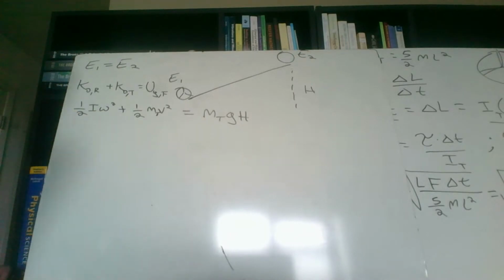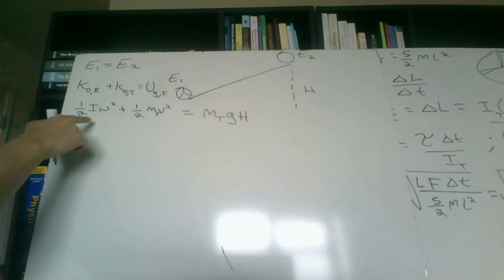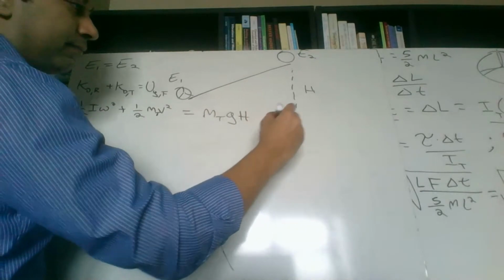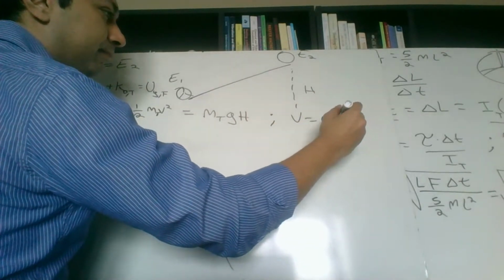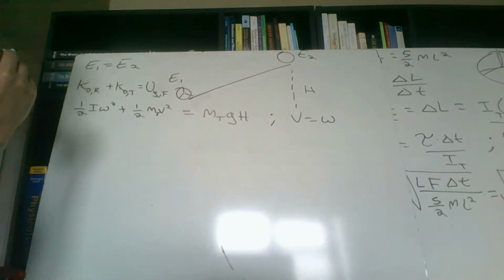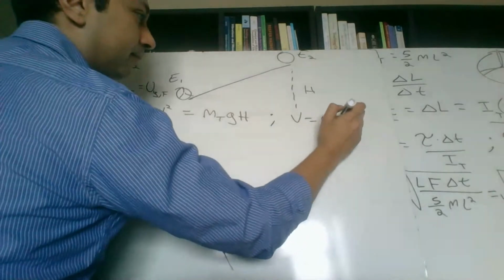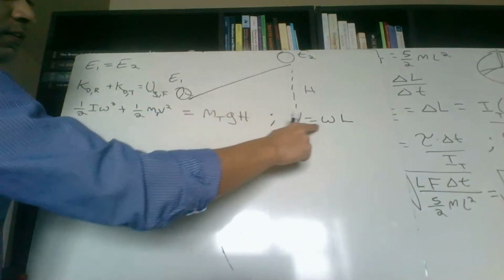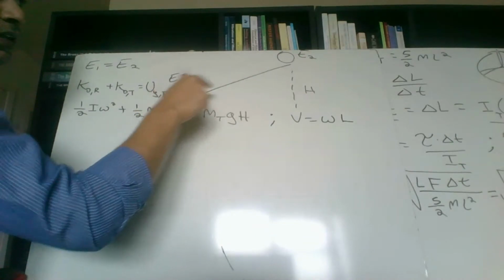And now we can start cleaning things up. We're asked to put everything in terms of I and omega. So we need to not have velocity terms here. So velocity is equal to omega times r. What r did we use here? We used L. So omega times L, where L is the distance from the center to one of these.